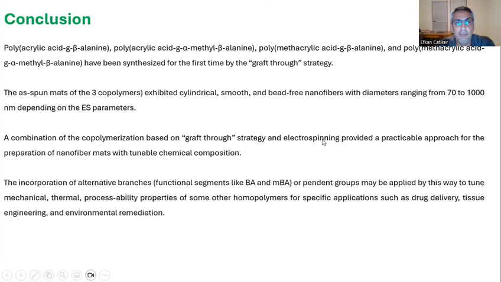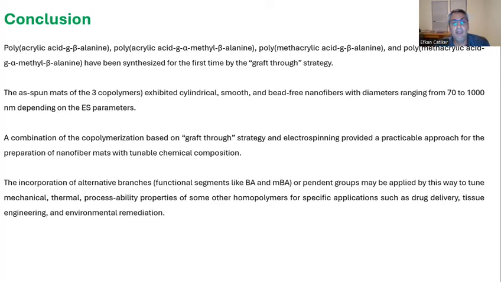The electrospun mats of three copolymers, I mean, except the polymethacrylic acid graft methyl beta-alanine, exhibit cylindrical, smooth, and bead-free nanofibers with diameters ranging from 70 to 1,000 nanometers, depending on the electrospinning parameters. A combination of the copolymerization based on graft-through strategy and electrospinning provided a practicable approach for the preparation of nanofiber mats with tunable chemical composition.